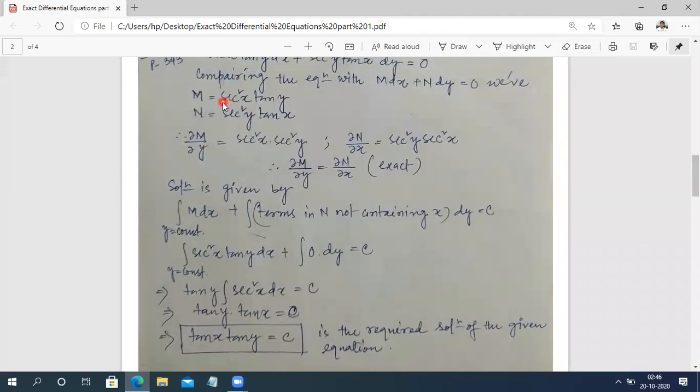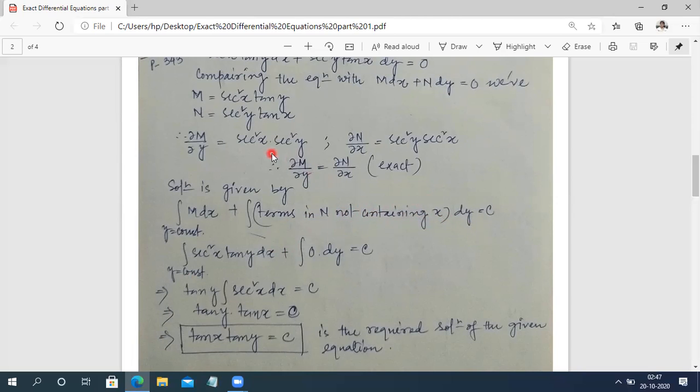M was sec square x tan y. So write sec square x tan y into dx, keeping y constant, plus those terms in N which do not contain x, okay? You have to integrate only those terms in N which contain y only.